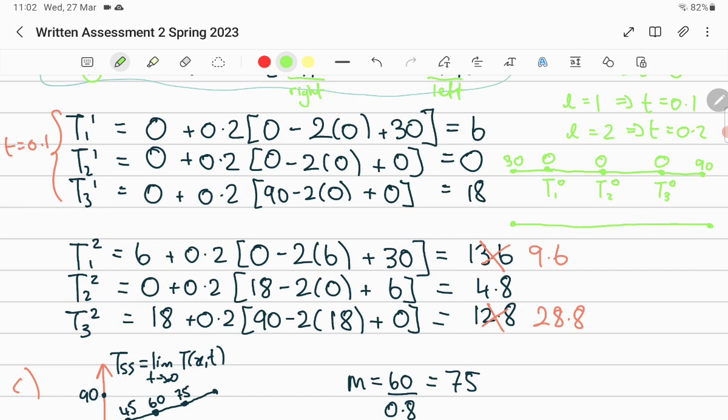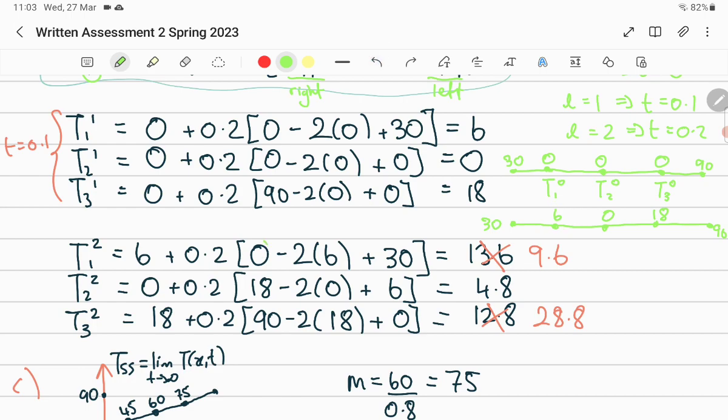So then at the next time, this stays at 30, this stays at 90. I'll just do one significant figure for these. So this went to 6, this went to 0, and this went to, well, we can just write down 18. So again, over here the previous temperatures T1, T2, T3 are 6, 0, 18. The lambda, and then the temperature to the right of temperature 1, which is 0, and to the left of it, 30.